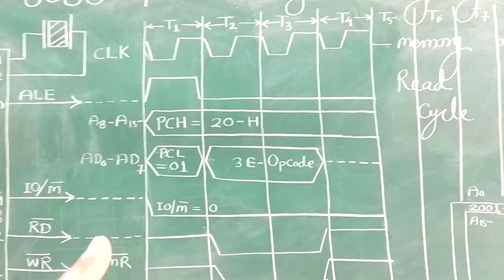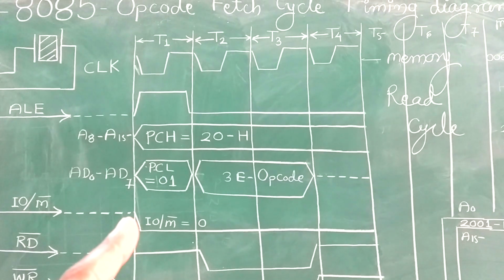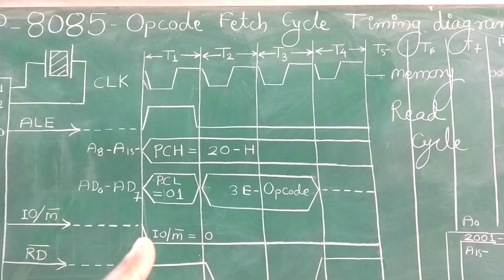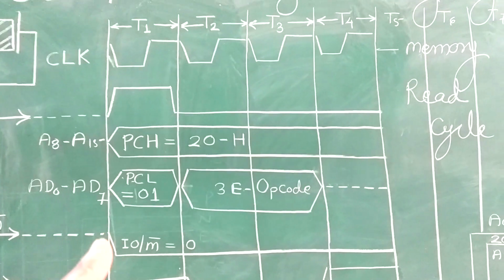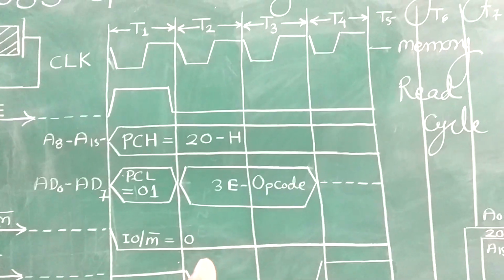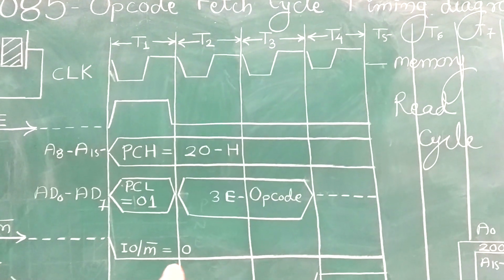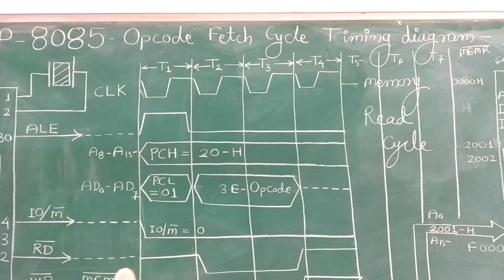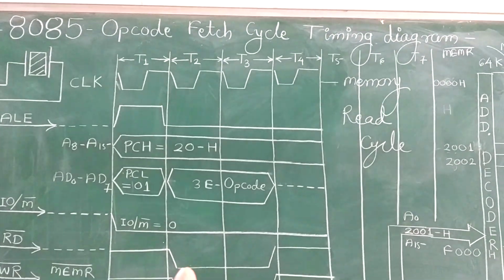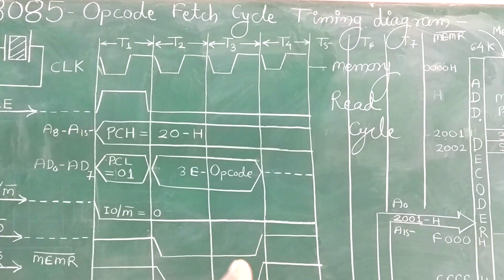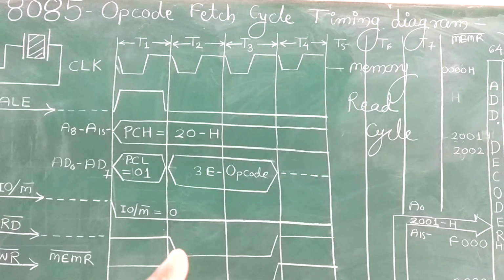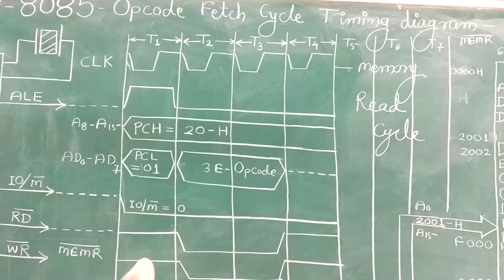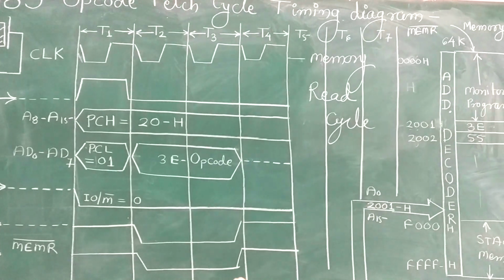Whenever the memory is activated with the help of the IO/M bar signal, which is activated low from the start during this opcode fetch cycle, and whenever RD bar is activated during T2 and T3, the memory read signal is generated from RD bar and IO/M bar during T2 and T3.